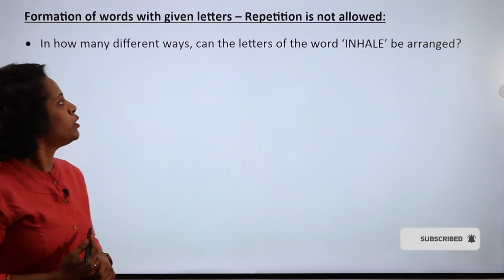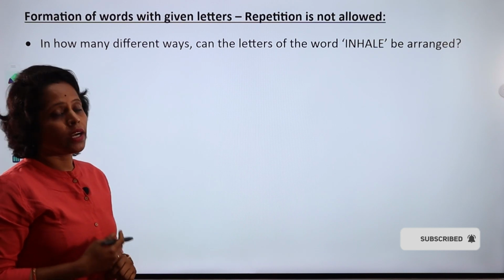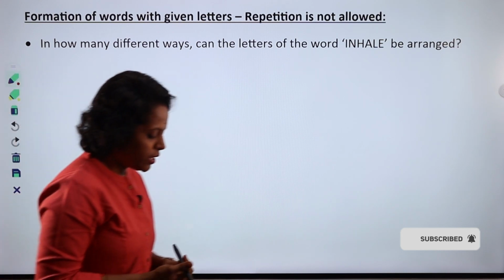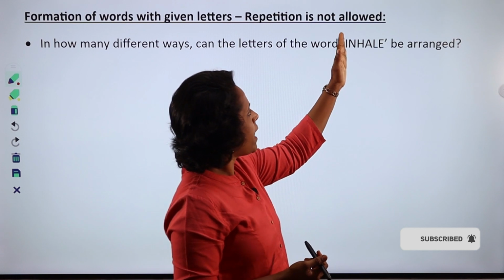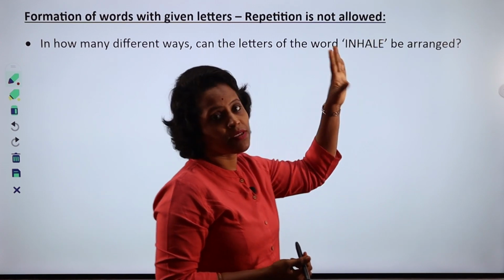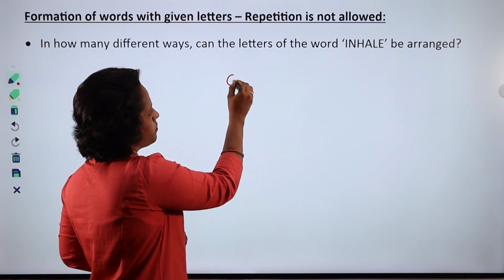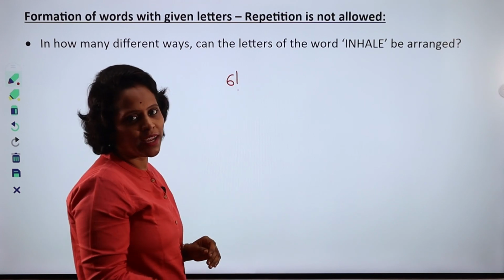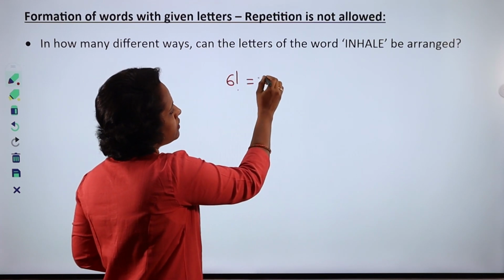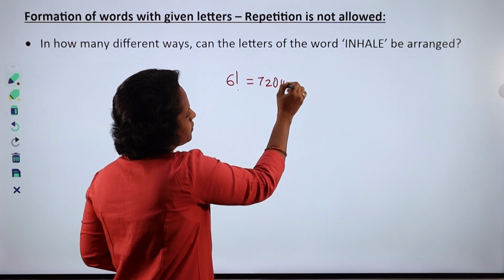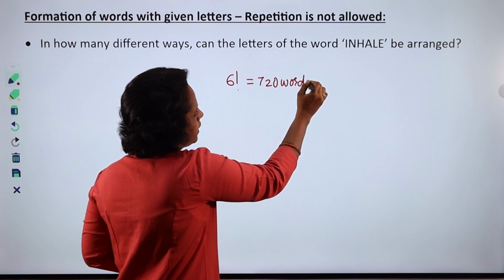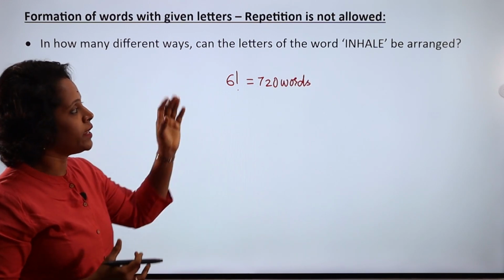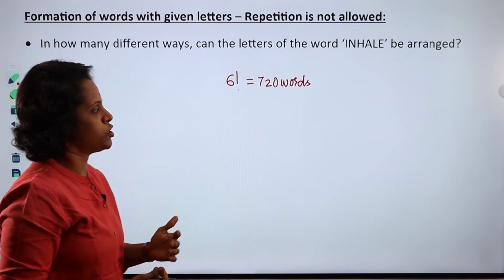Our next question. In how many different ways can the letters of the word inhale be arranged? Inhale. How many letters do you have? 1, 2, 3, 4, 5, 6. 6 letters. So 6 factorial is your answer. What is 6 factorial? 720. So in 720 ways the letters of the word inhale can be rearranged.